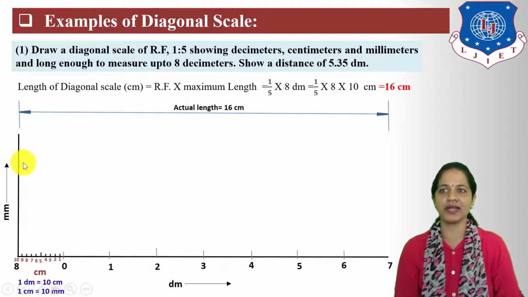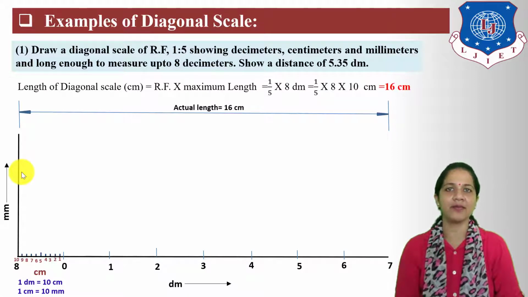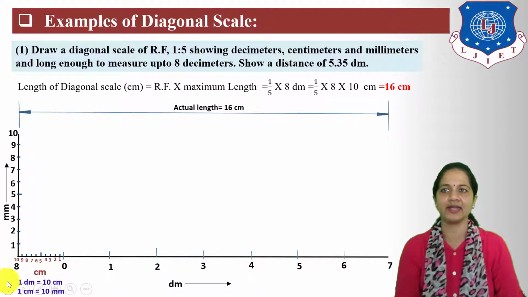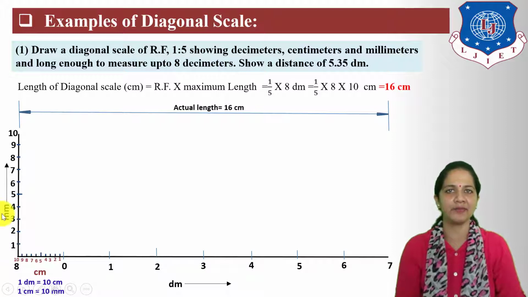So, this vertical line is divided into equal 10 units or 10 parts. Either you take 0.5 centimeter unit size or 1 centimeter units. Mark here 10 units as 1, 2, 3, 4, 5, 6, 7, 8, 9, 10, which indicates millimeter.